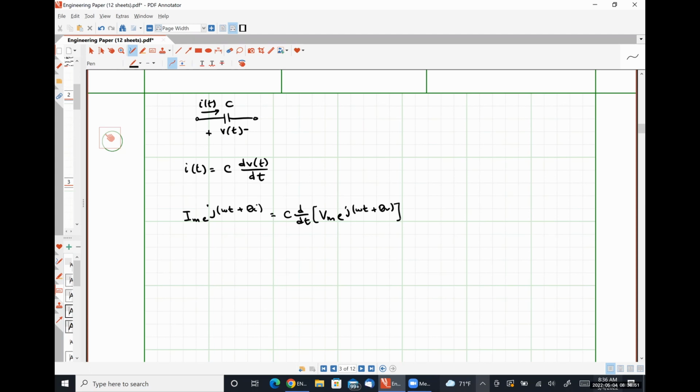When I take the derivative with respect to time of that e to the j omega t plus a phase angle, that is again simply multiplying by a factor of j omega.